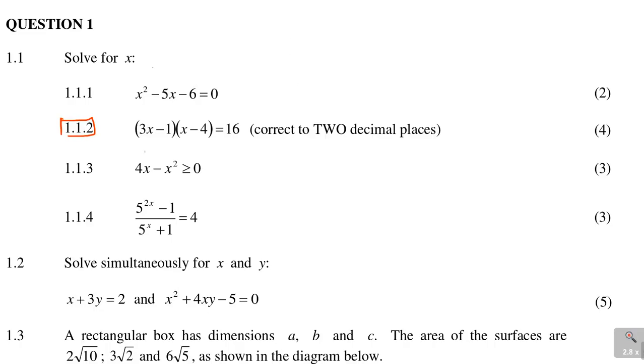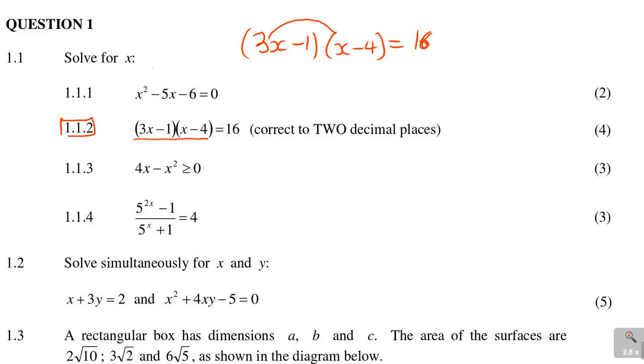You see you have got brackets there, which is your 3x minus 1 and your x minus 4 equal to 16. Because of this 16, you are forced to open up this bracket on the left hand side.